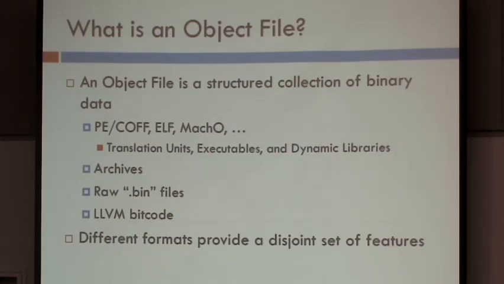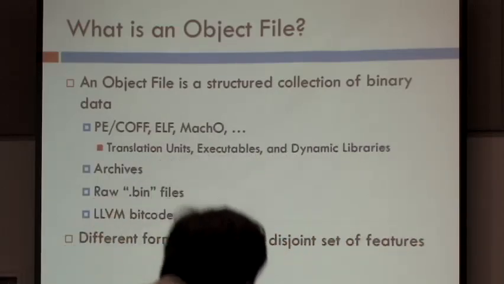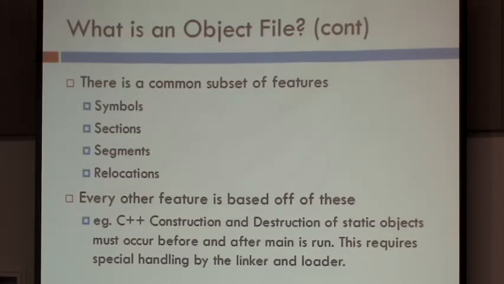For example, raw binary files don't have symbols, relocations, or anything. All they have is a single segment that says where to load. However, there's a common subset of features. And these are symbols, which eventually always point to a location in a section.